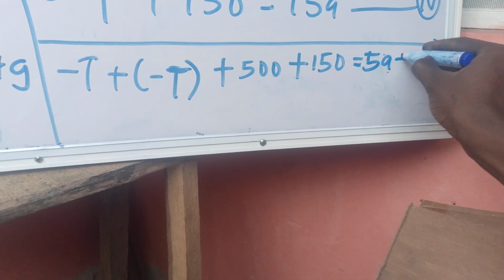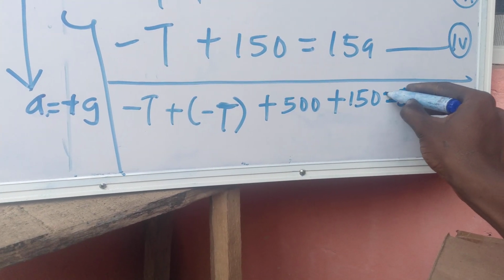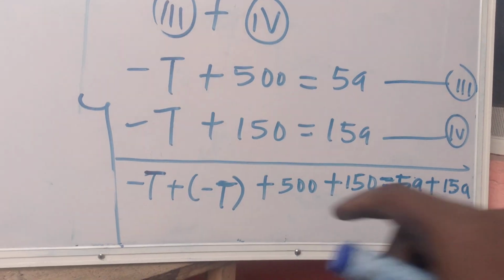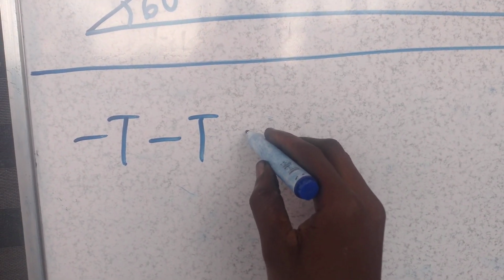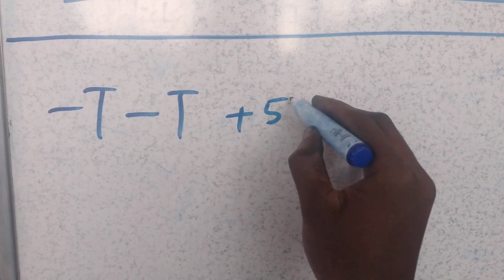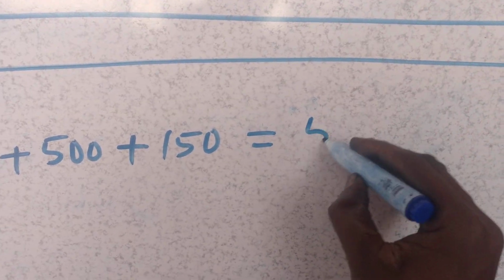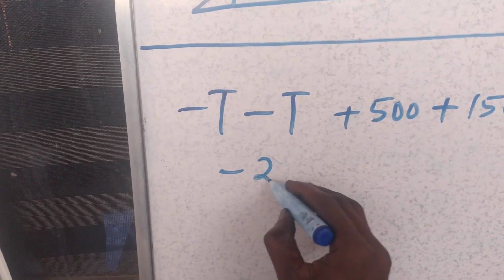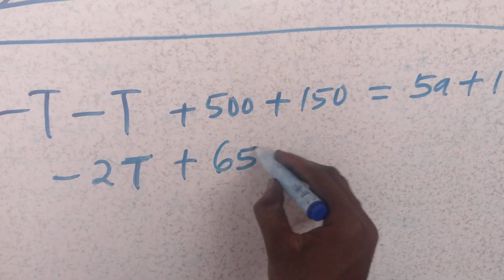Plus times minus is minus, so minus T plus minus T is minus 2T. 500 plus 150 will give you 650.